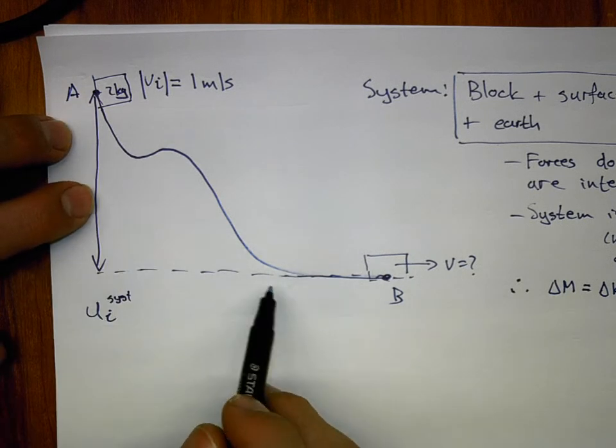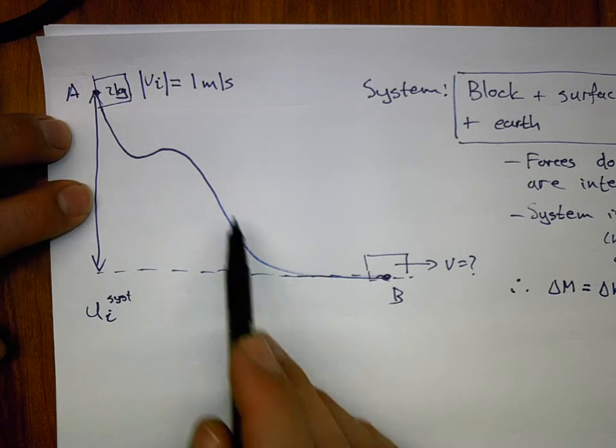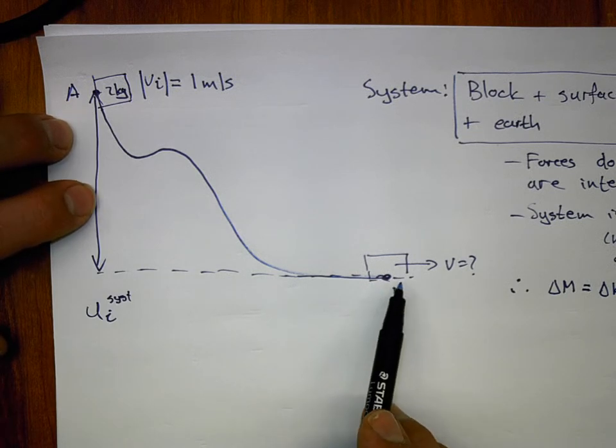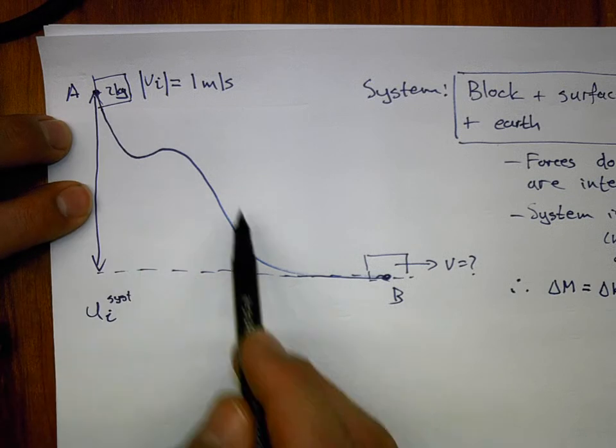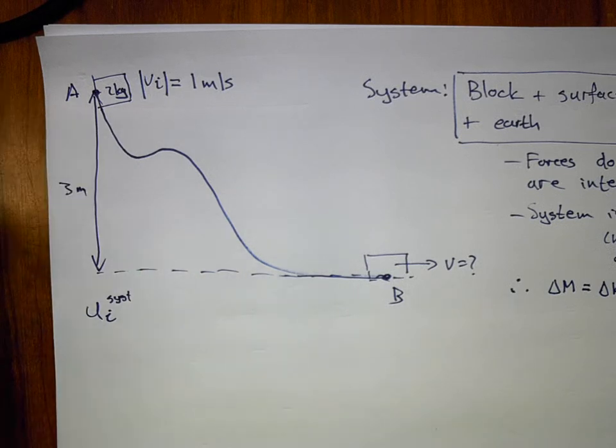Now, as before, this surface is probably connected to the earth through some bolts and screws. So the earth plus surface is so massive that it cannot really be accelerated in this motion, so it doesn't gain kinetic energy. Therefore it cannot have any potential energy change either. So the only kinetic energy and potential energy inside the system is that of the block.